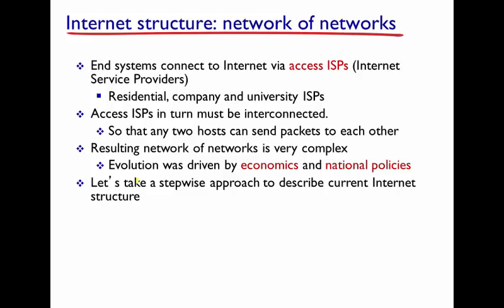So it's very straightforward, right? Access ISPs, Internet Service Providers, and Internet Service Providers are interconnected. Therefore, you at one end of that entire topology can communicate with the other component at the other side of that topology.